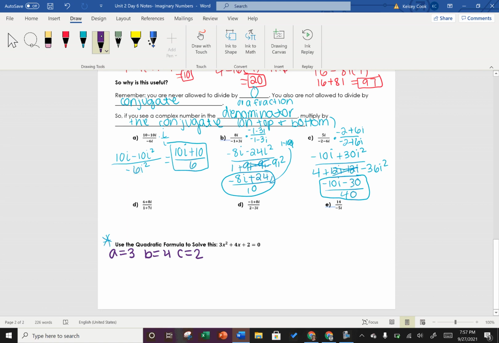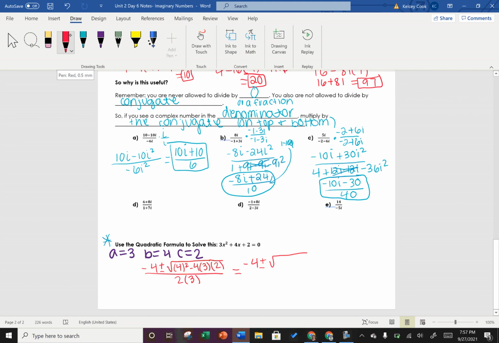So if I start plugging in, I get negative 4 plus or minus the square root of B squared minus 4 times A times C all over 2A. So if I make this better, it becomes negative 4 plus or minus the square root of, let's see, 16 minus 24.